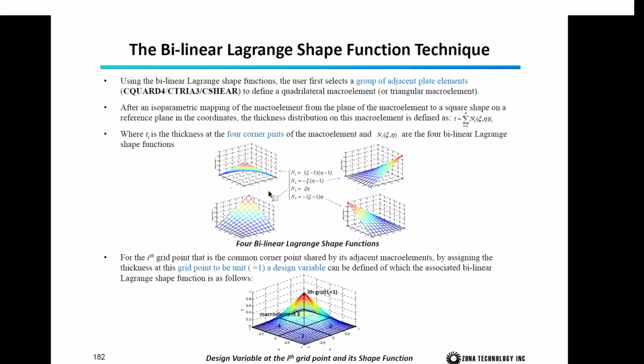Once you have 4 shape functions on a macro element, then for the ith grid, which is a common corner point shared by its adjacent macro elements, in this case we have 4 macro elements, and the grid is the ith grid, and we assume that the thickness on the ith grid is 1.